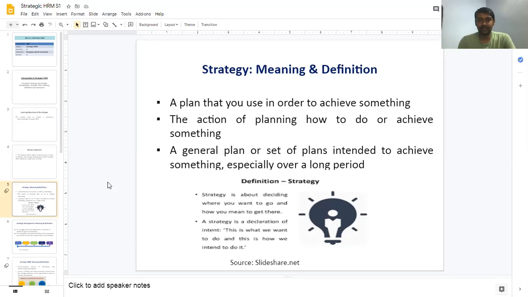So every manager will plan a particular task, how we can accomplish it. Those plans can be clubbed and managed in terms of strategy. So this is the basic meaning or definition of strategy. In simple terms, we can say this is a specific plan to accomplish a certain task.